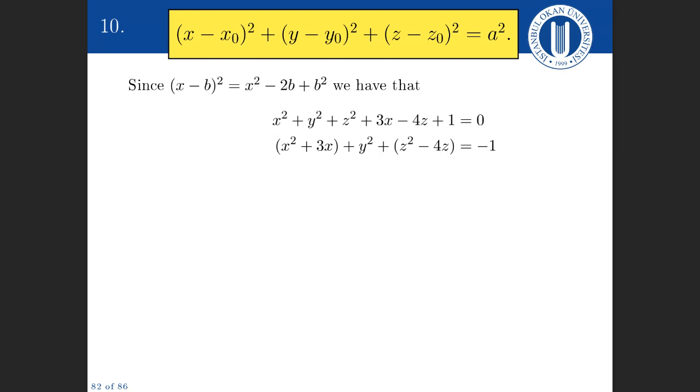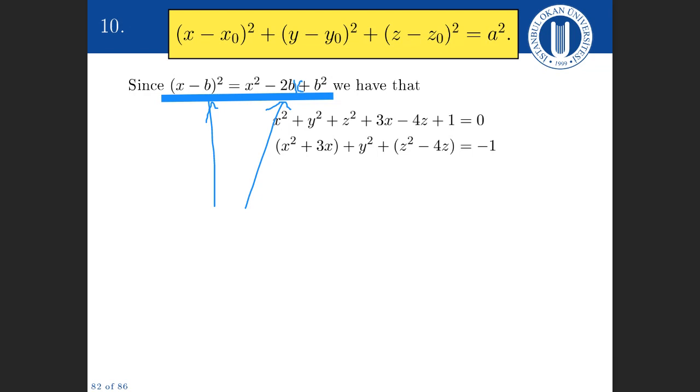We're going to be using the fact that x minus b squared is x squared minus 2bx plus b squared. Now note that the number inside the bracket, the b, is always a half of the number. Oh, there's a typo here, of course. There should be an x just here.